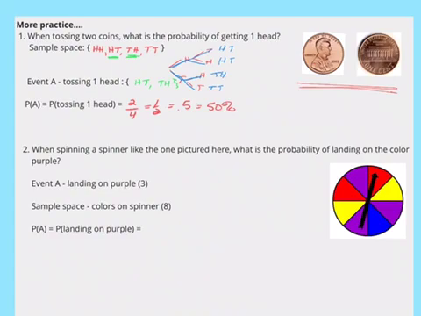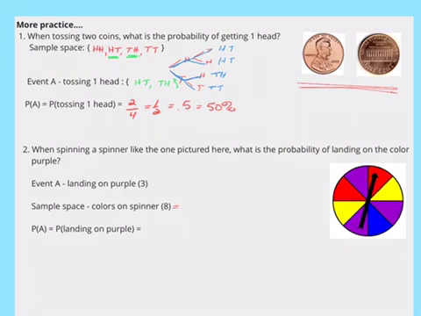All right, let's look at another example. Here we have a spinner with several different colors on it, and we are looking to determine the probability of landing on the color purple. We first need to figure out what our sample space is.